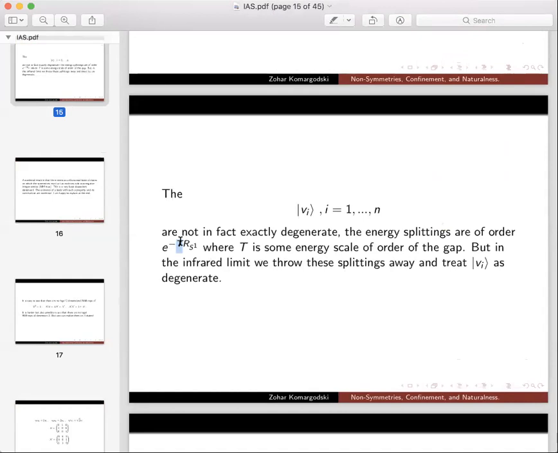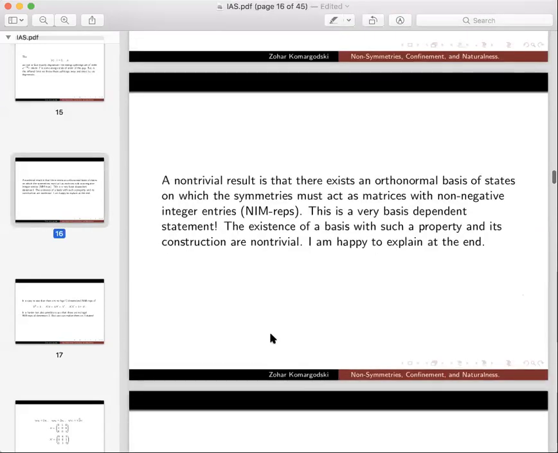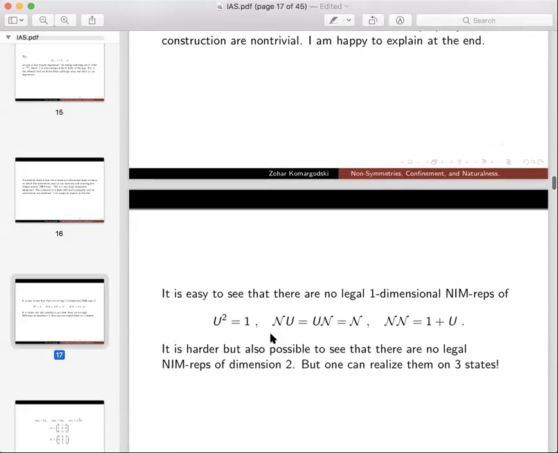Most of the kinks have finite mass. But some kinks turn out to have infinite mass, and so a few of those states are exactly degenerate, even on S1. But most of them are split by exponentially small terms. That does not mean that the statement about NIMREPs is not correct. To arrive at this whole idea of NIMREPs, you need to take this infrared limit, drop these exponentials, and then do this 90-degree rotation.